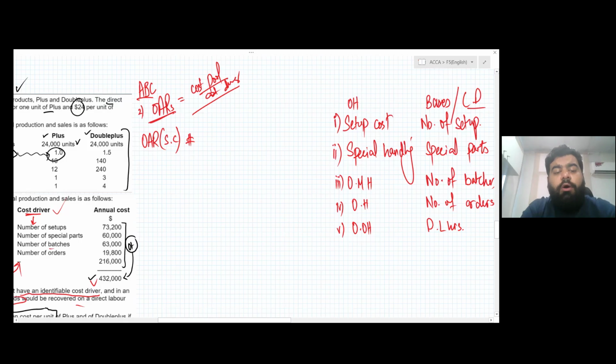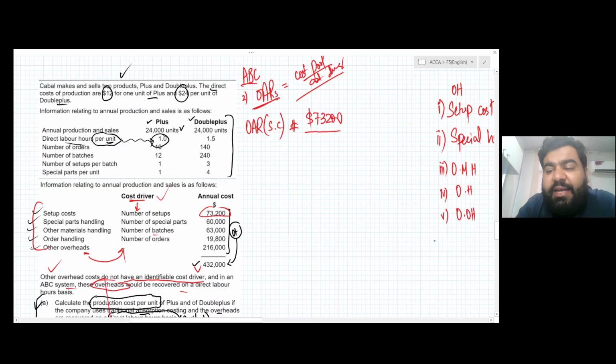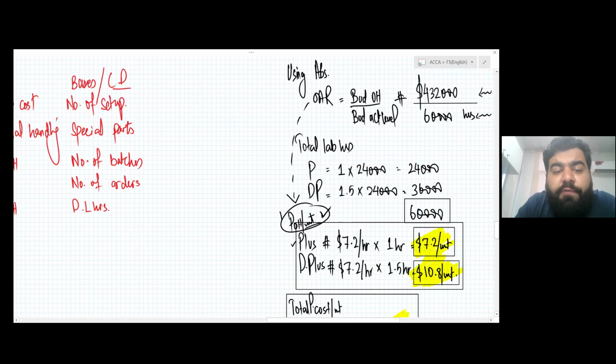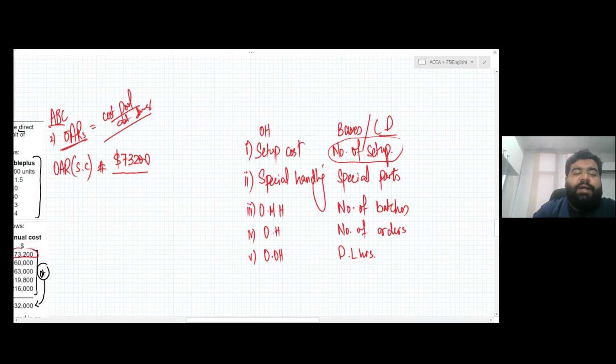Let's see what the setup cost was. The setup cost was 73,200. Let's write in the numerator 73,200, divided by the base, which is the number of setups.